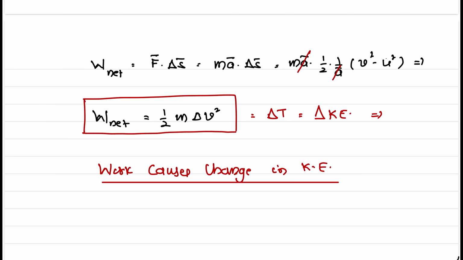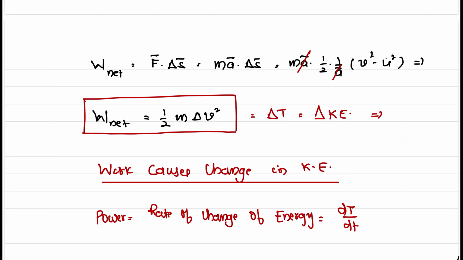Now, we understood what is work, we understood what is kinetic energy. Now, what is power? Power is equal to rate of change of energy, that is dT by dt, rate of change of kinetic energy.